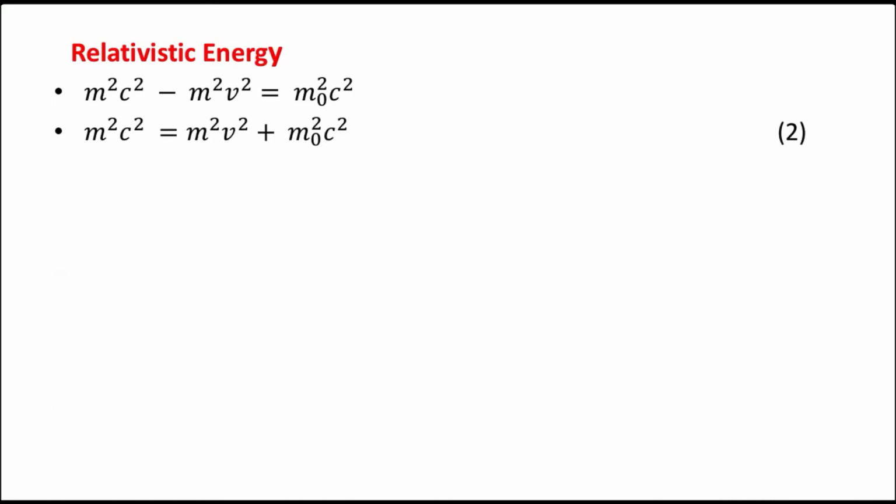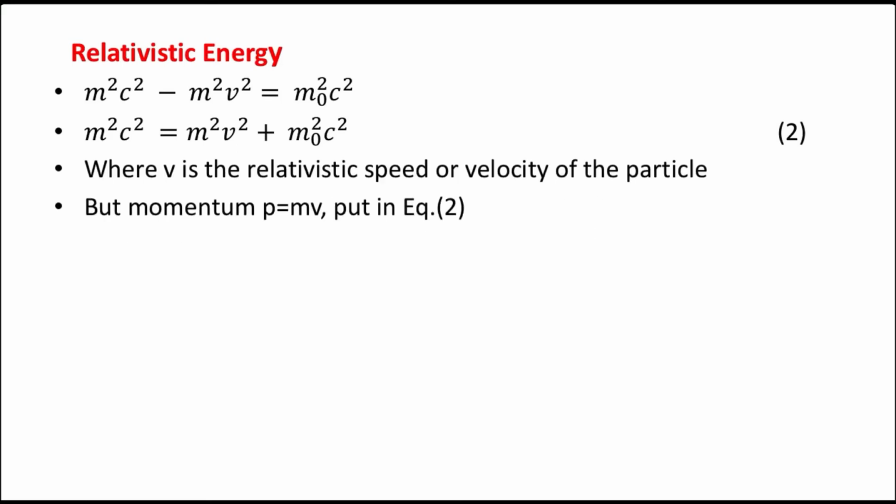So I get equation 2, that is m square c square is equal to m square v square plus m0 square c square. Now here v is the relativistic speed or velocity of the particle.